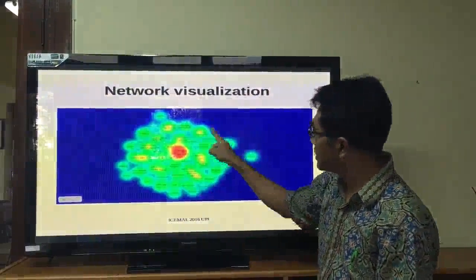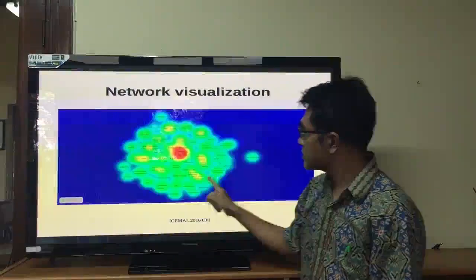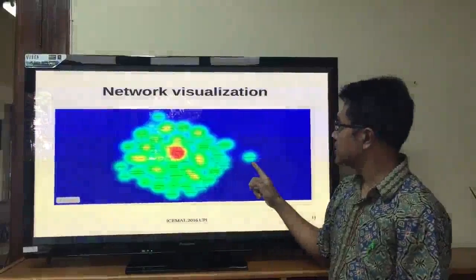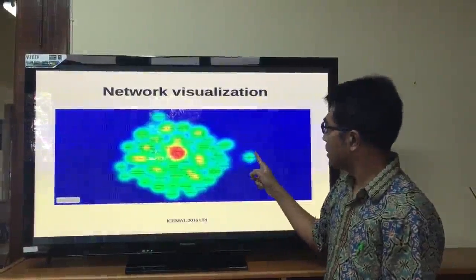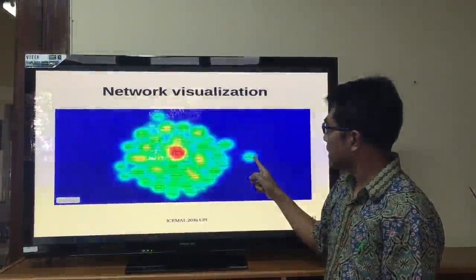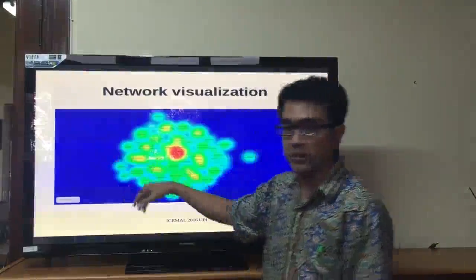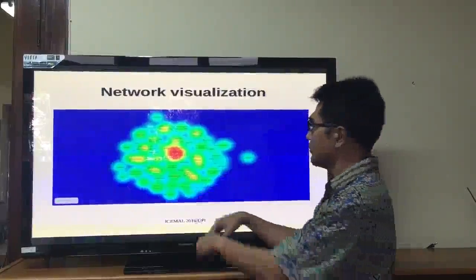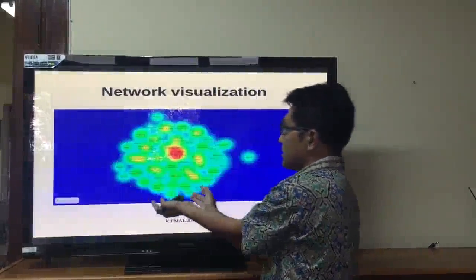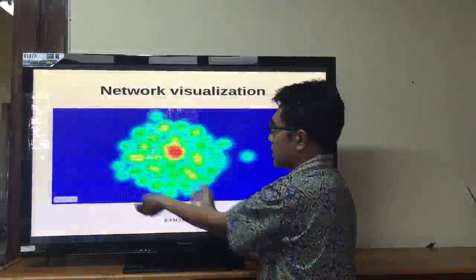So if you can see little circle here, that means this paper doesn't have any referencing connection with this group of paper. And then if we see this left cluster, we see a bigger cluster.